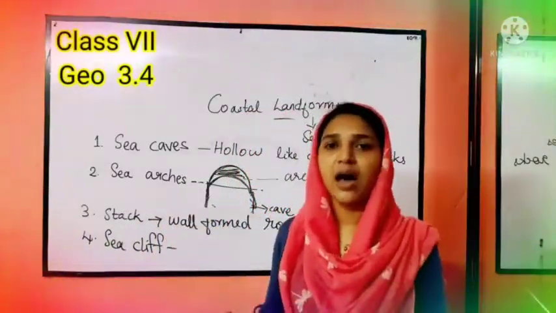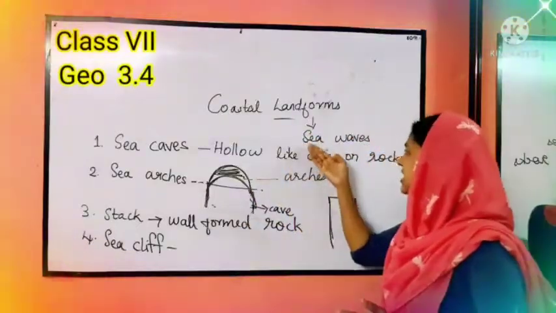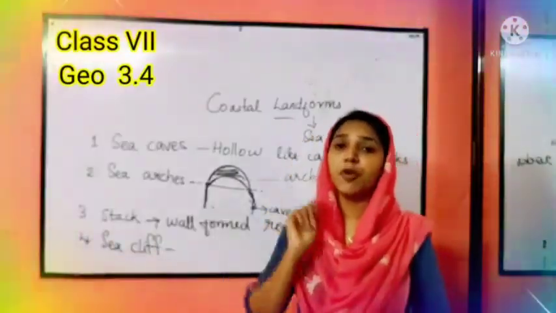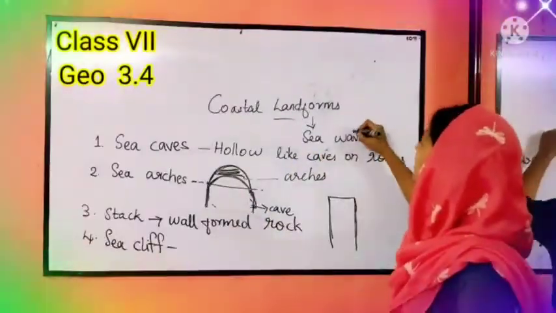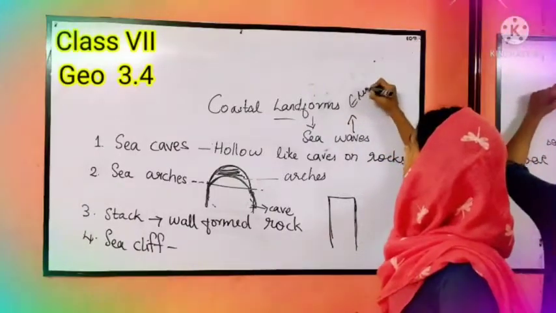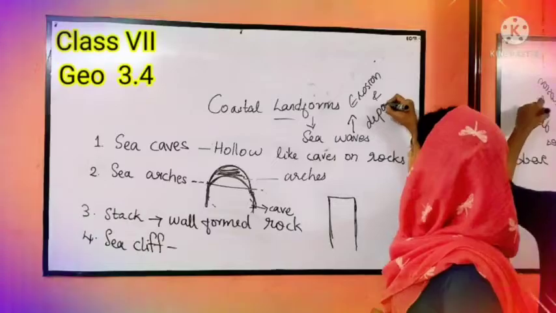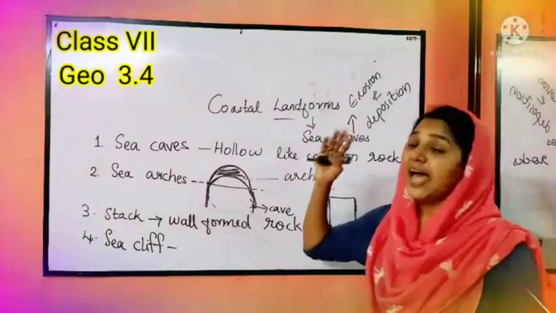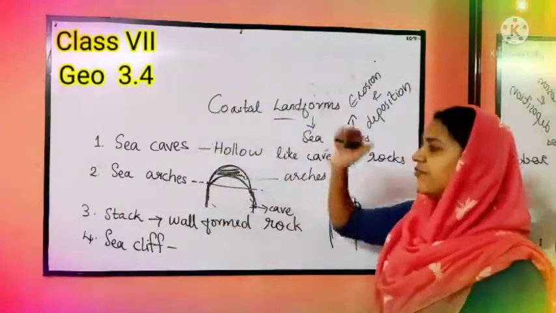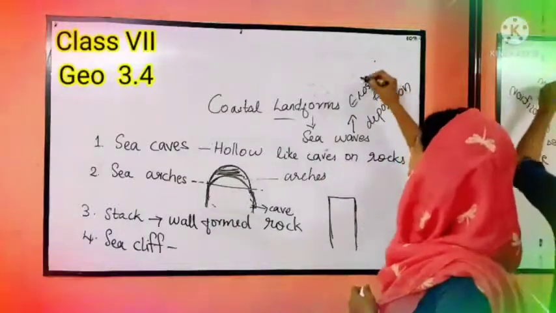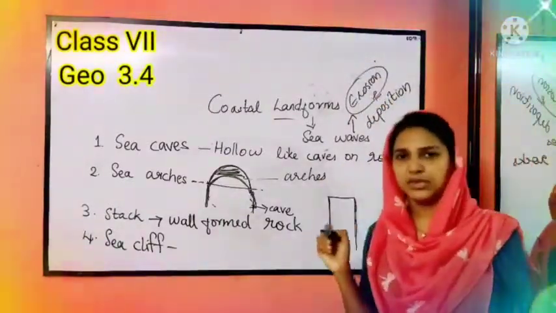All these are the creation of the sea waves, and the 2 processes of the sea waves are erosion and deposition. And most of these coastal landforms are the result of erosional processes.